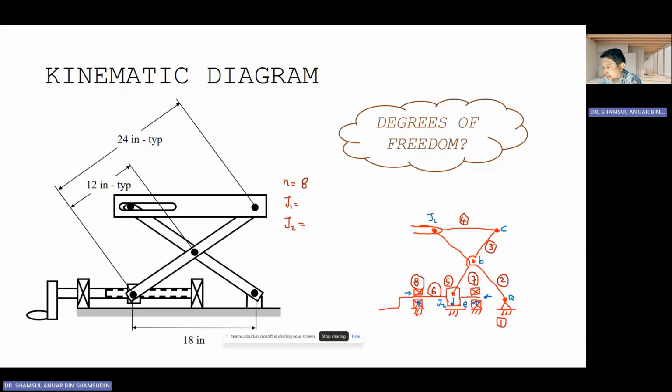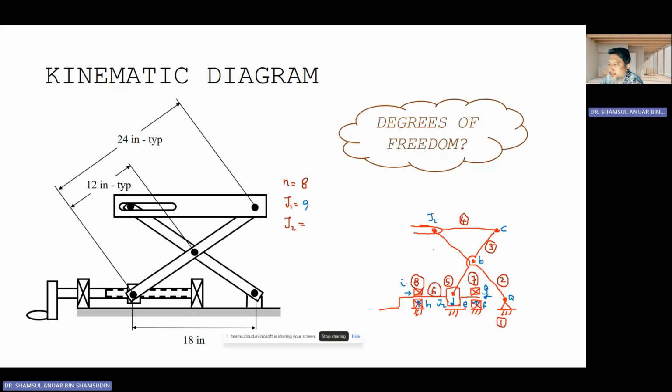So that will be E, F, and this one will be G, and this one will be H. Okay. So let's count: A, B, C, D, E, F, G, H, I. So that one will be a 9.